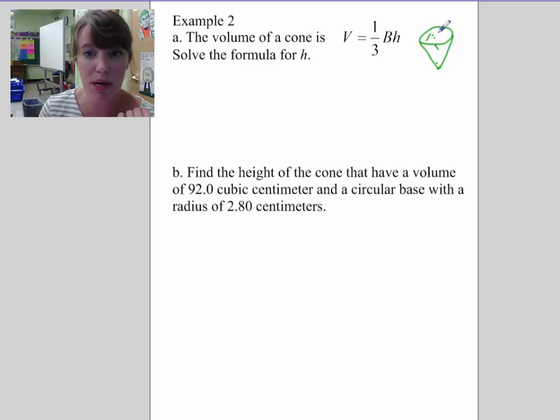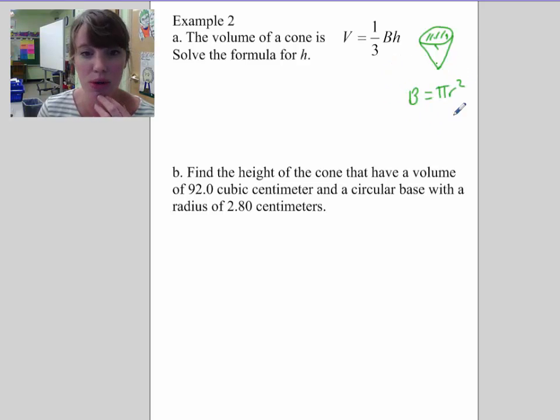So the area of the base, if it's a cone with a circular bottom, then our base is a circle. So our area is going to be pi r squared.